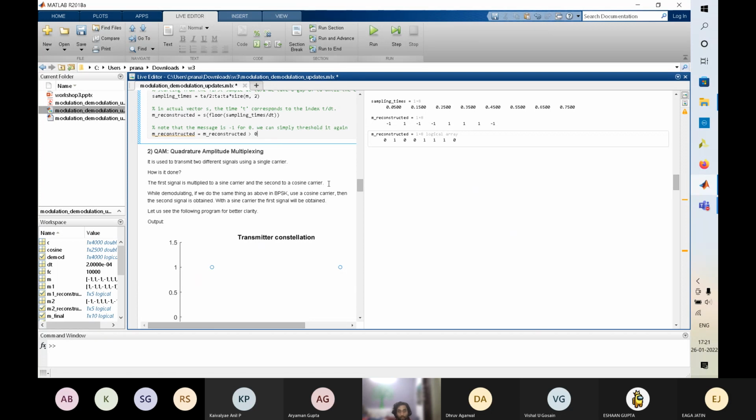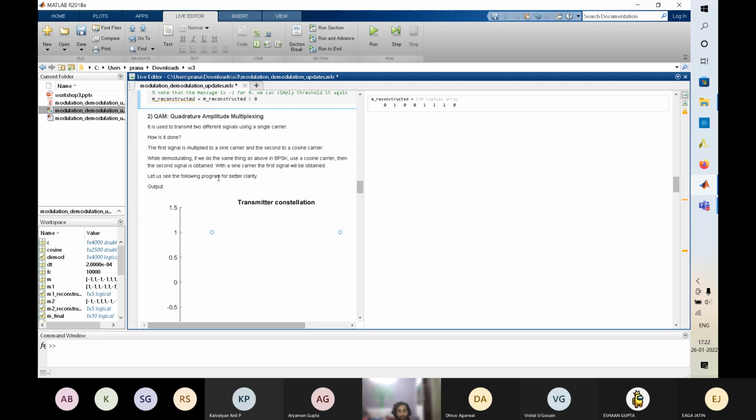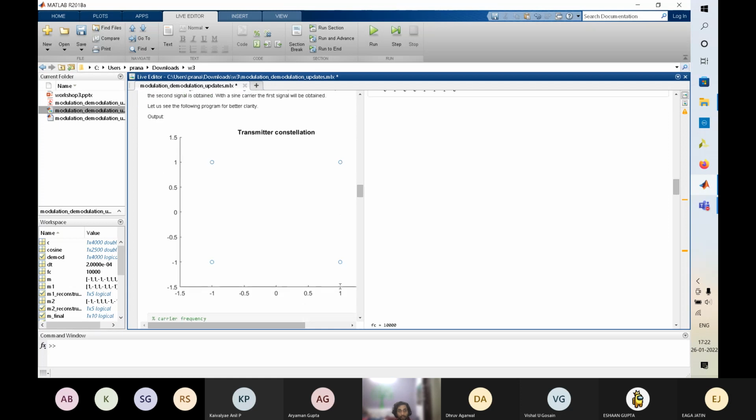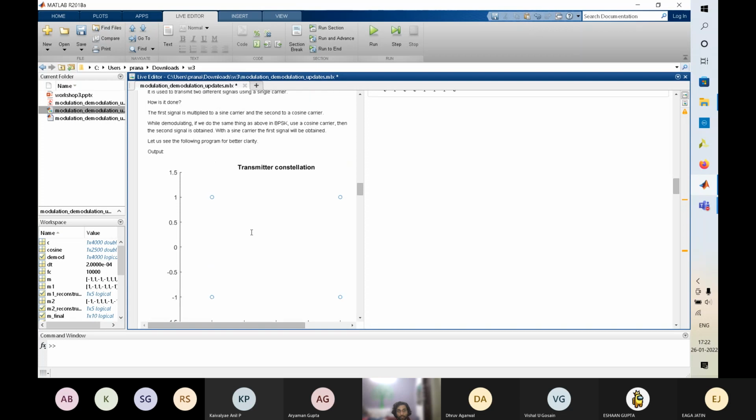Okay, so moving on, QAM is quadrature amplitude modulation. Quadrature means 4 and amplitude means we are changing the amplitude. There is this diagram you can see. This is the constellation.